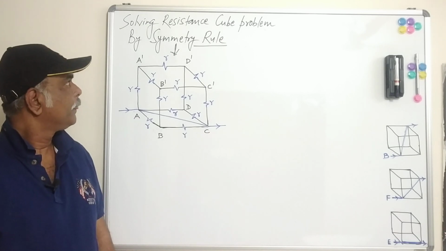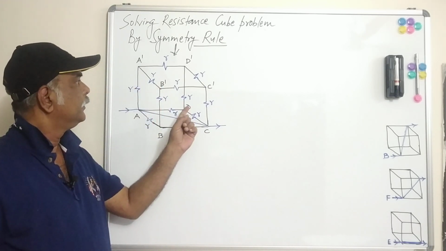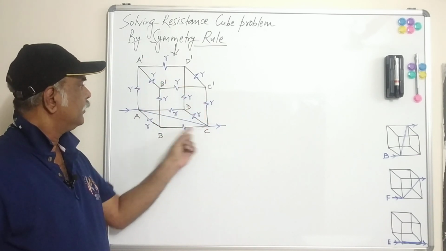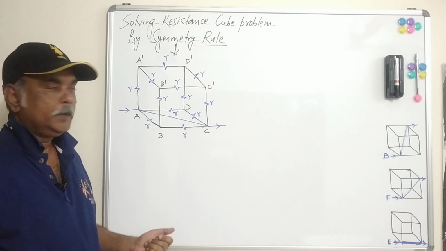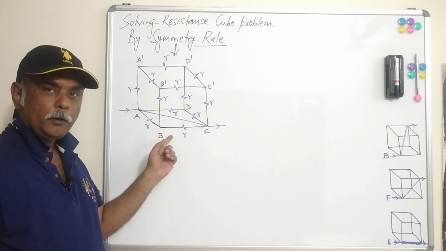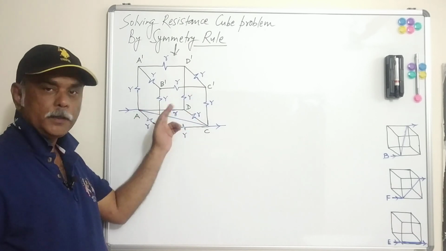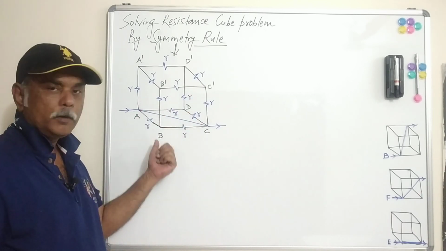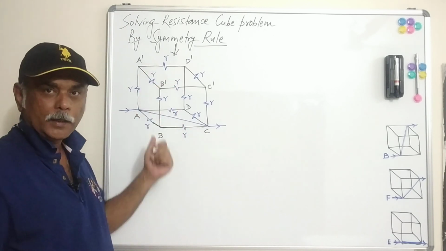Now remember, in this resistance cube, since all the edges are of the same length, irrespective of in which format this question is asked, all resistances will be the same. Have no doubt about it. You cannot have resistances R2, R3 or something like that.